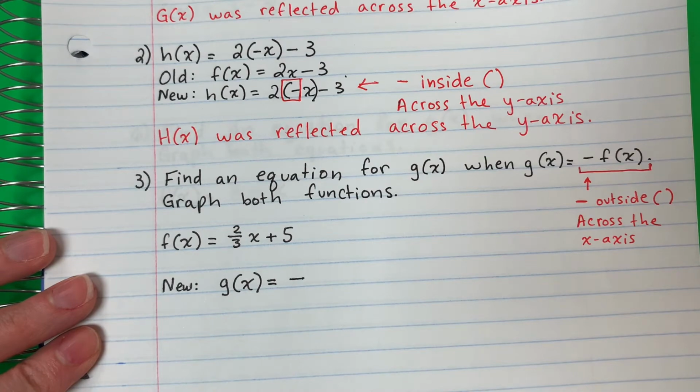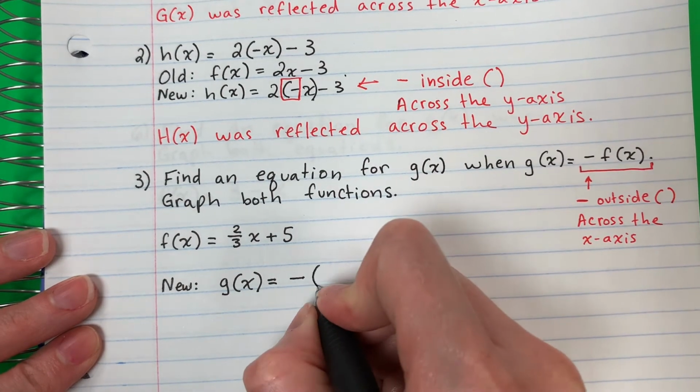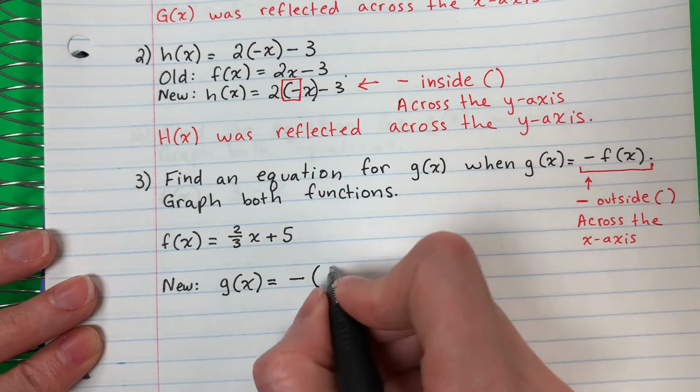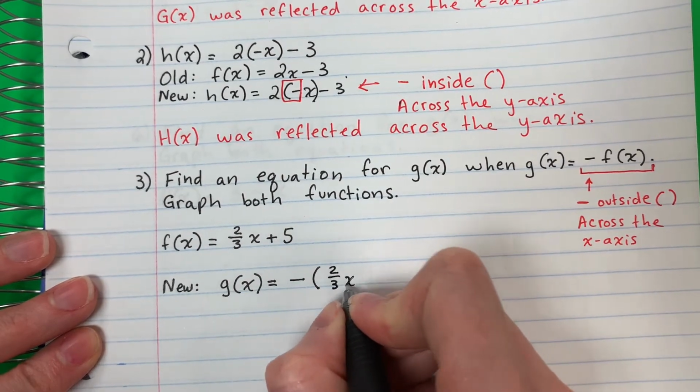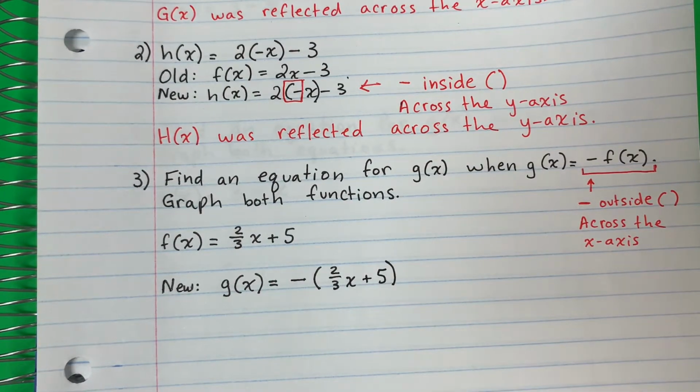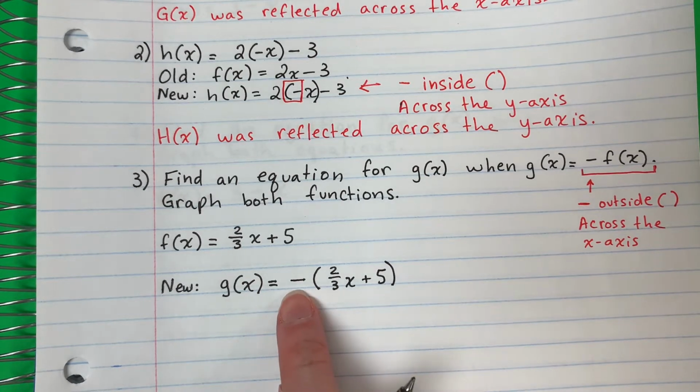Put your parenthesis. Copy all this: 2 divide 3, x plus 5, and close. Just like that. Okay? Easy. So you see here the minus is outside.